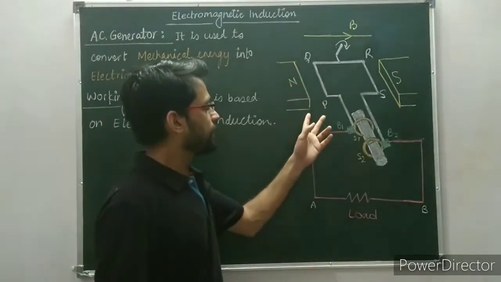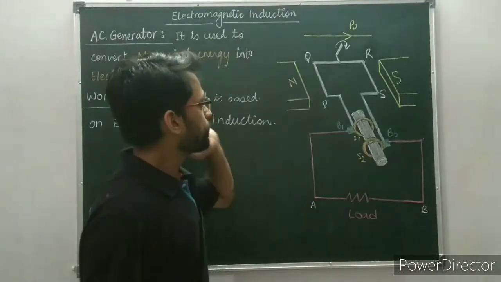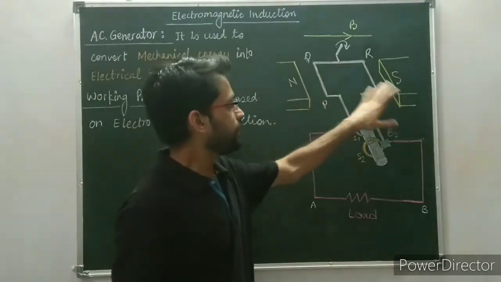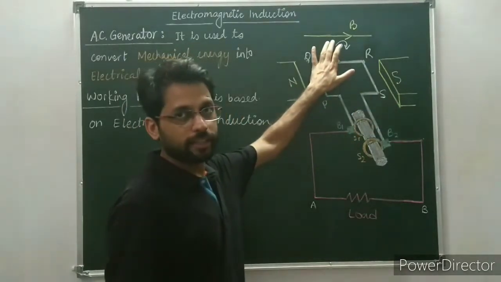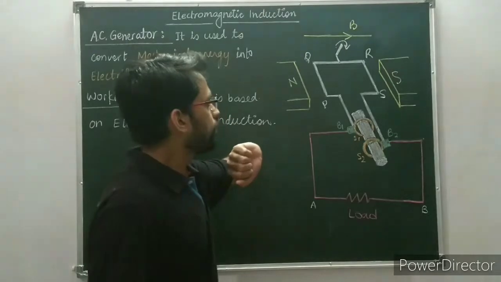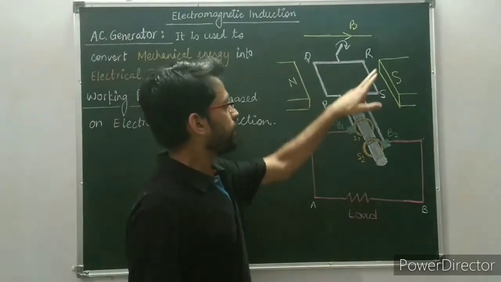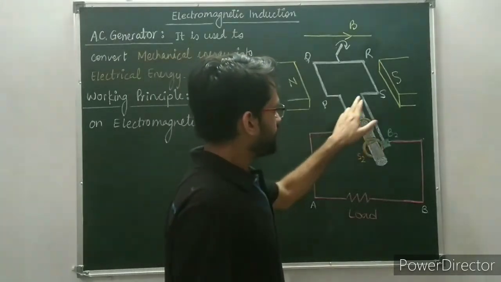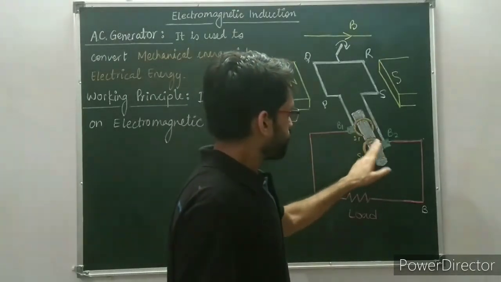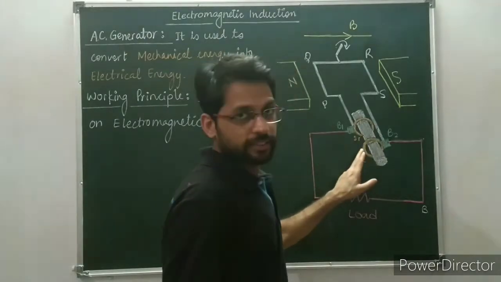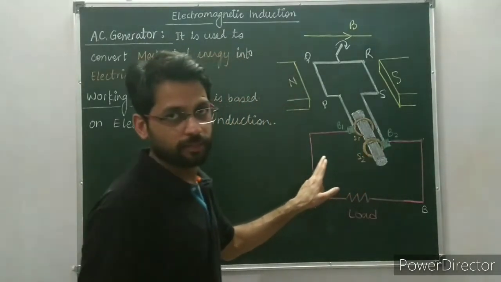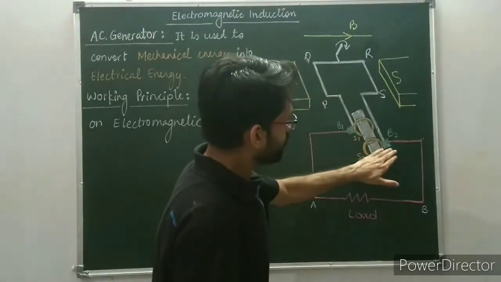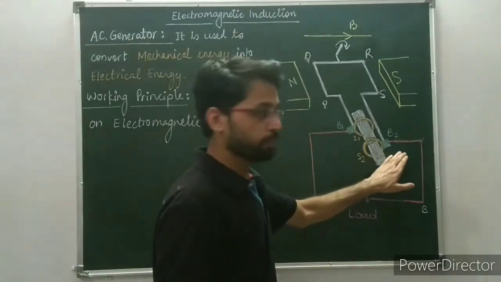This is the schematic diagram of AC generator. It consists of a permanent magnet to produce a uniform magnetic field B, in which there is a coil PQRS whose ends are connected to two rings known as slip rings, because both the rings slip over the carbon brushes B1 and B2.